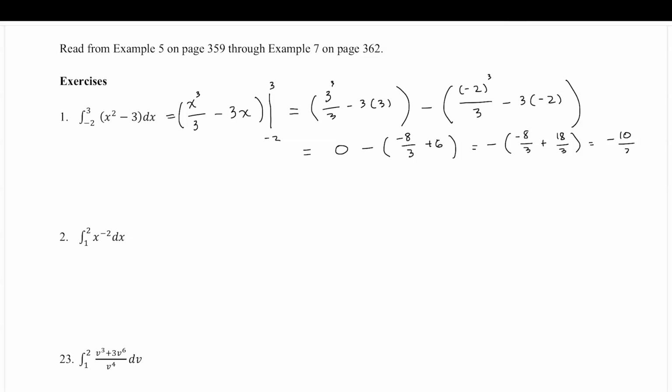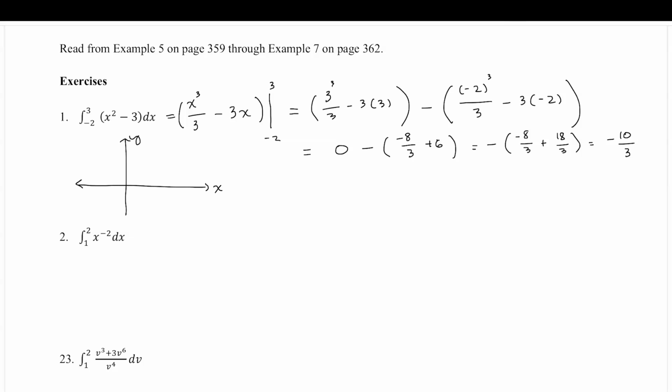So 6 is 18 thirds. 18 minus 8 is positive 10, but I have the negative on the outside. So apparently the answer to this definite integral, so again, remember the result of a definite integral is a number.